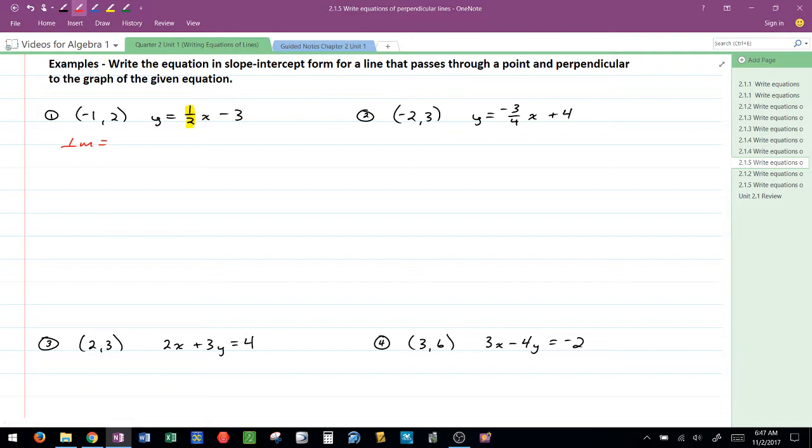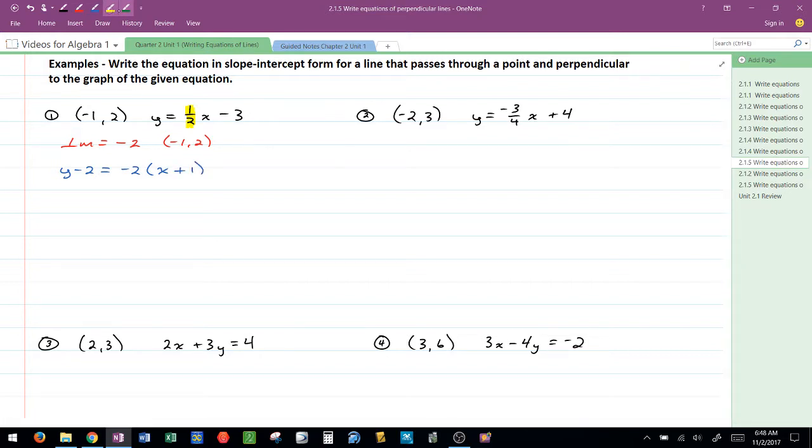If the slope was 1/2, perpendicular is the opposite, so it's going to be negative. Reciprocal, take 1 over 2 and flip it, that would be 2 over 1, or -2. There's my new slope that I need to use. I use the given point, which is (-1, 2), and write the equation: y minus 2 equals -2 times x minus -1, which would be x plus 1.